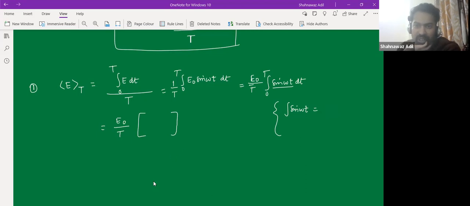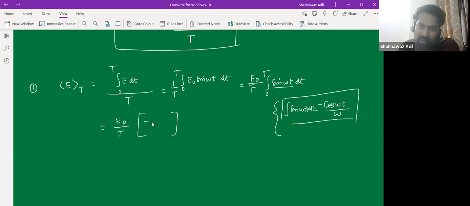Cos omega t, yes. By omega only, not omega t, so yes, I should correct. That would be minus cos omega t divided by omega. So this is the integration, right? So this would be minus of cos omega t divided by omega, with limits from 0 to t.